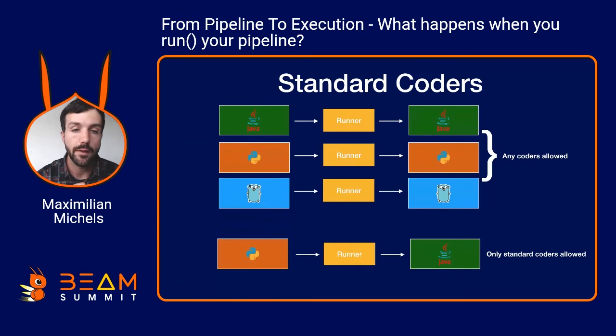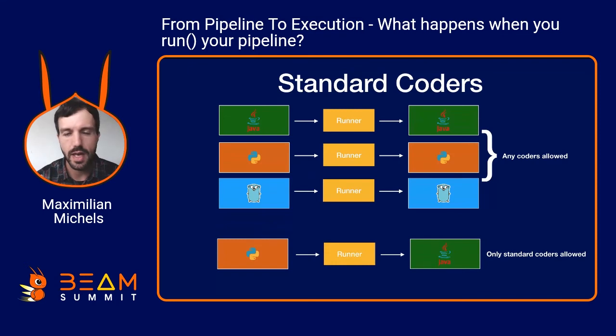But if we start mixing Python and Java code, or Go and Java code, then we have a problem, because suddenly we might send data from Python to Java, and Java doesn't understand some Python pickle decoder.